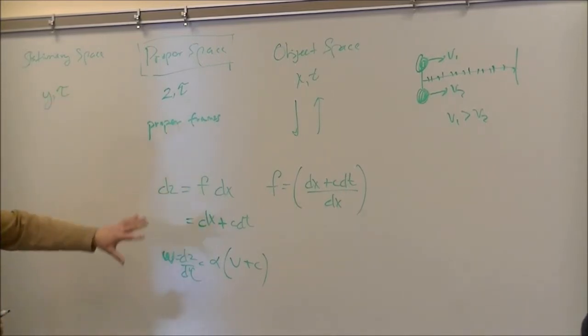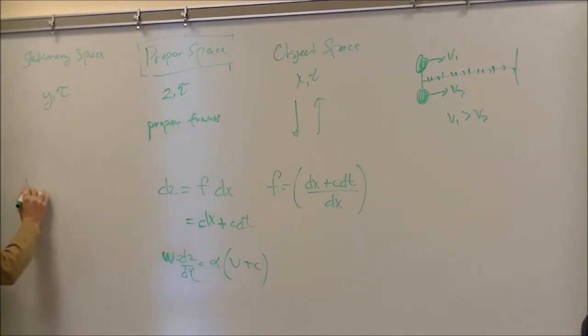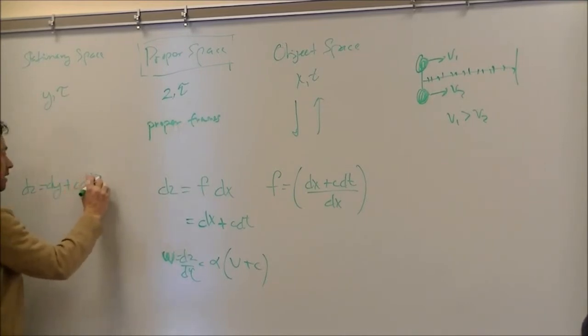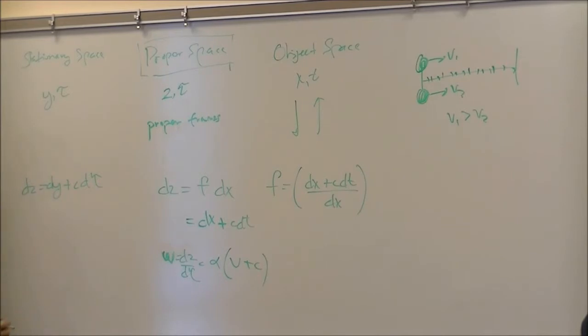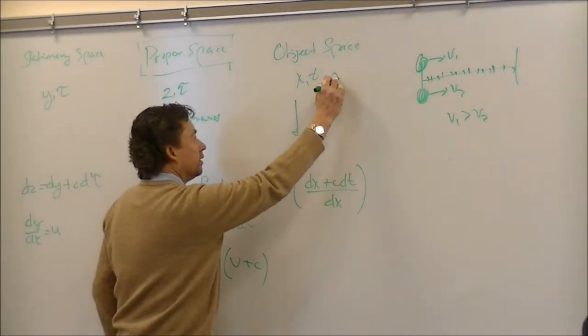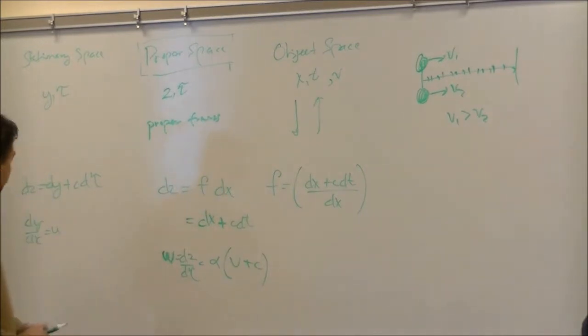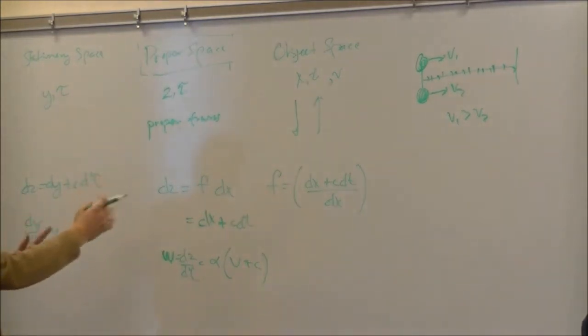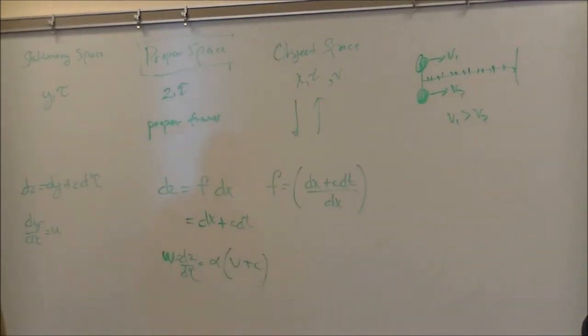And we can repeat this exact technique to get that dz equals dy plus c d tau, and then we can define dy d tau as u, and of course we have v that we're familiar with over here, and we can easily manipulate these and equate them very simply.